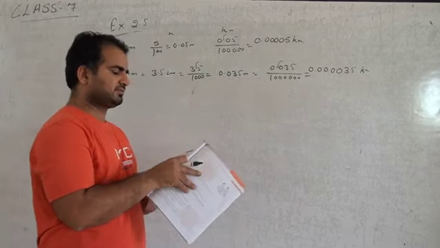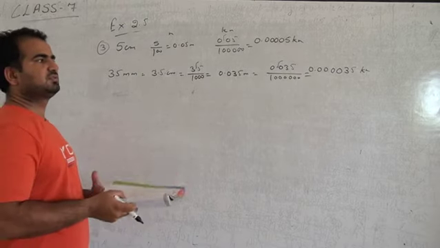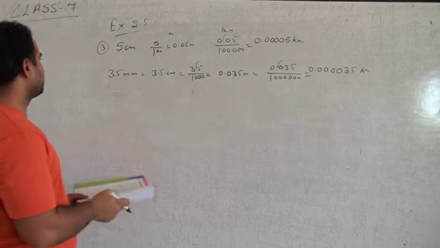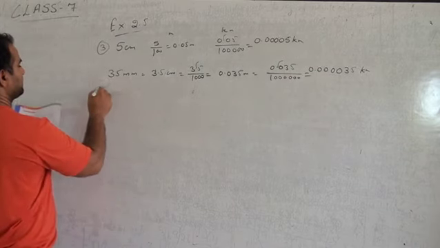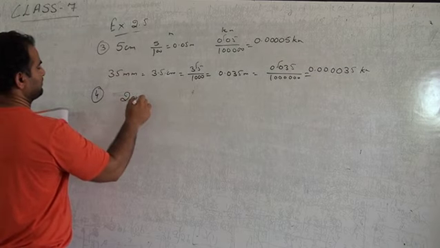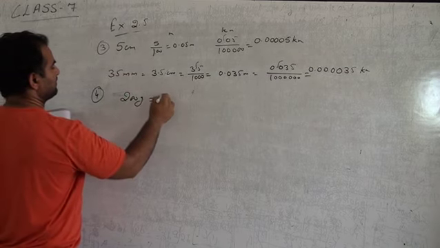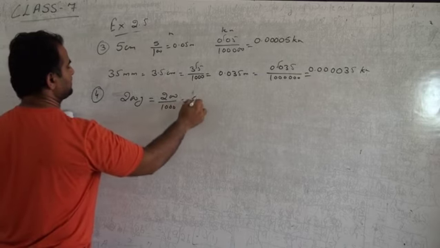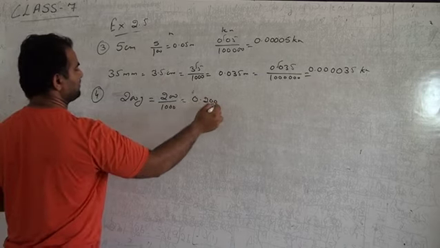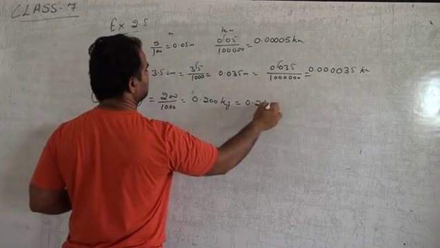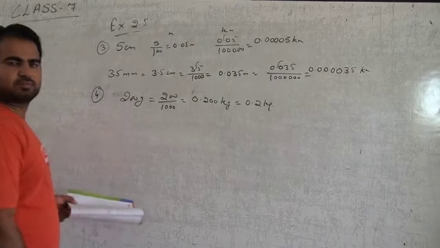Express in kg, kilogram. To change into kilogram, we divide gram by 1000. Question number 4. It is 200 gram, equals 200 upon 1000, equals 0.200 kg, or we can write 0.2 kg. Done.